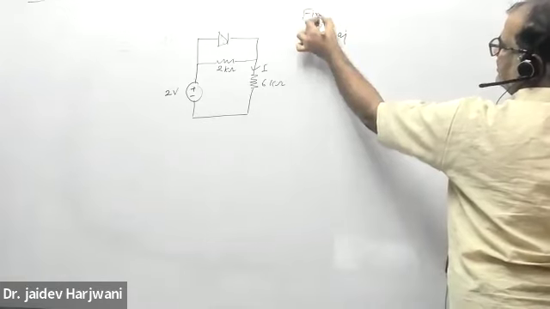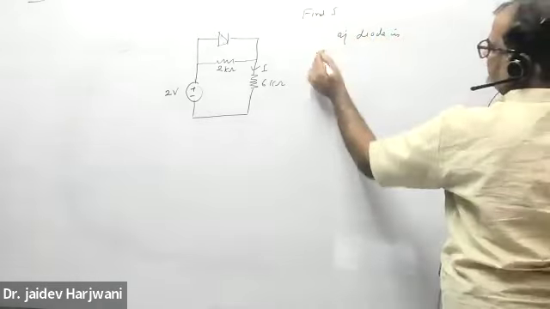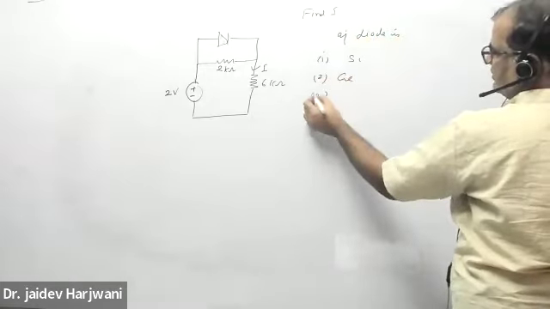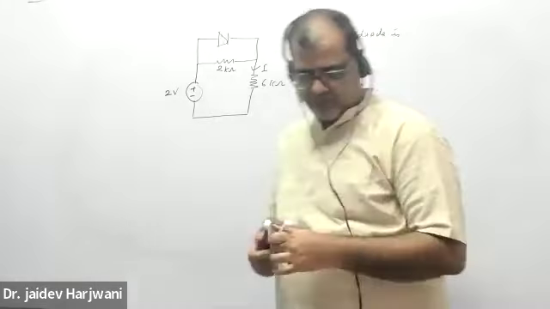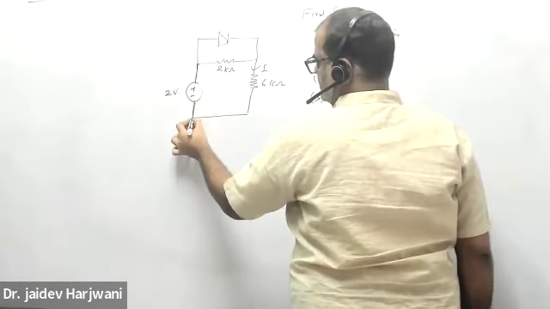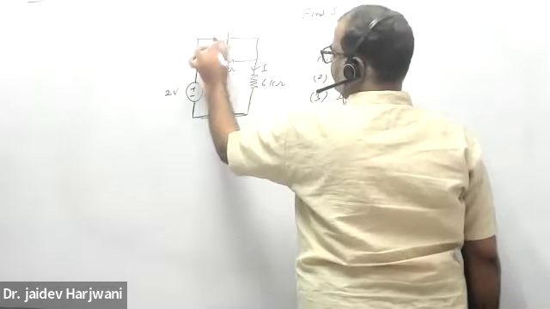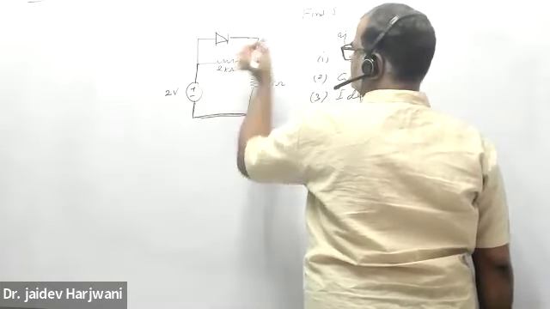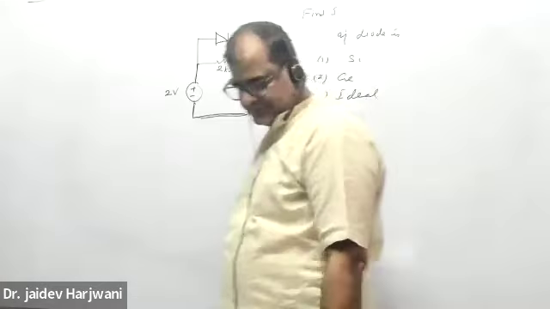Find I, if the diode is, number one case, silicon, number two, germanium, number three, ideal. Okay, in all the three cases find the current in the circuit. Find the value of current.